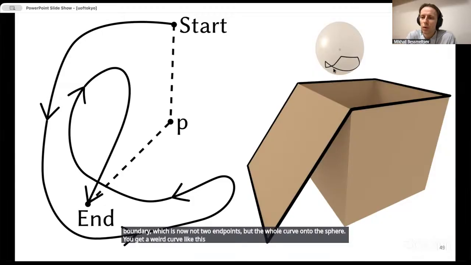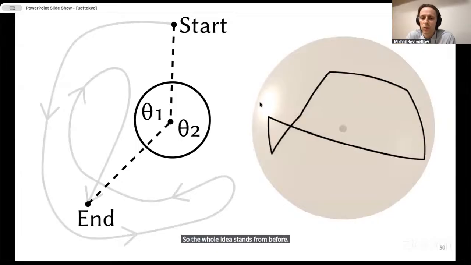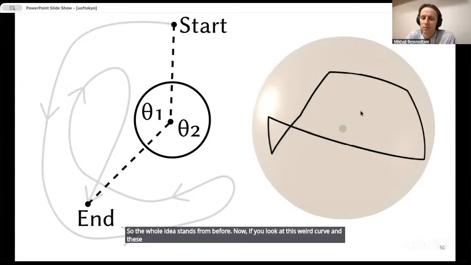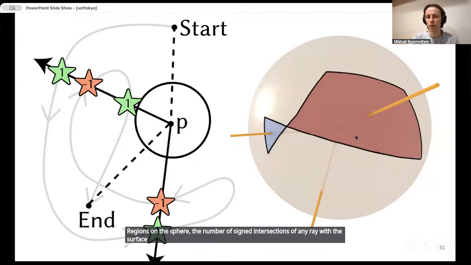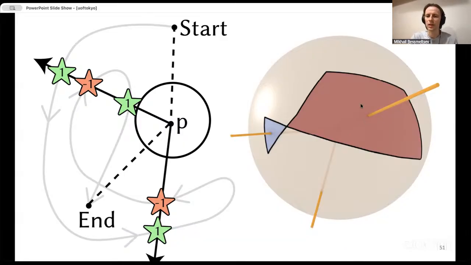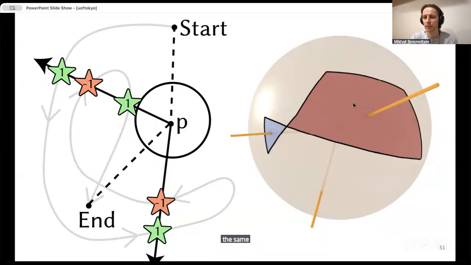So the whole idea stands from before. Now, if you look at this weird curve and these regions on the sphere, the number of signed intersections of any ray with the surface through a region stays constant. So no matter which ray you shoot through this region, you're going to intersect it the same number of times. This is kind of the trick.